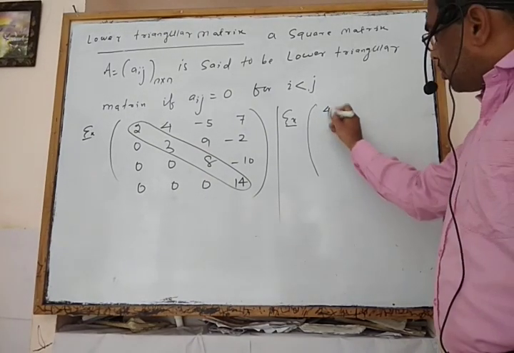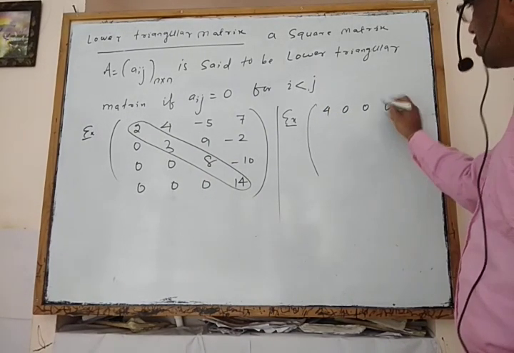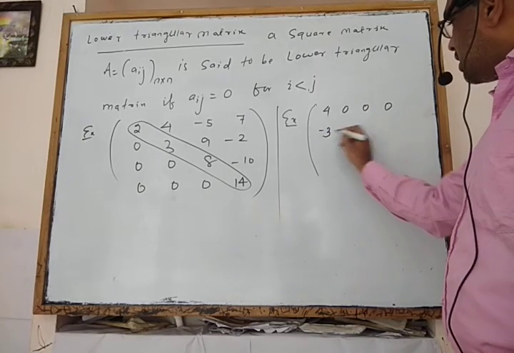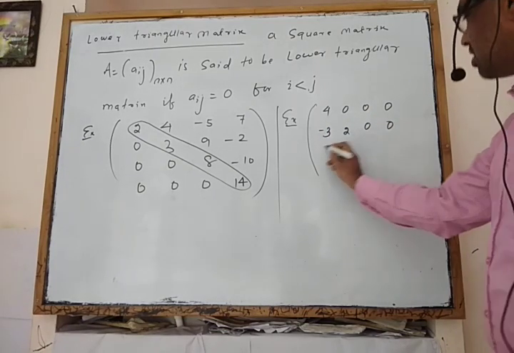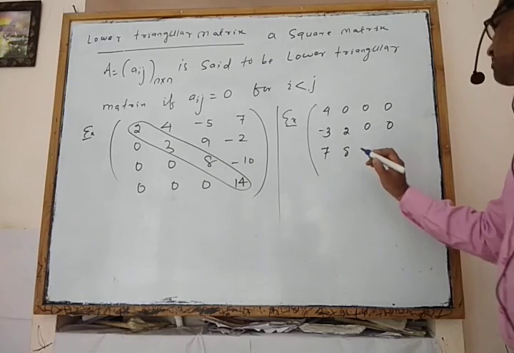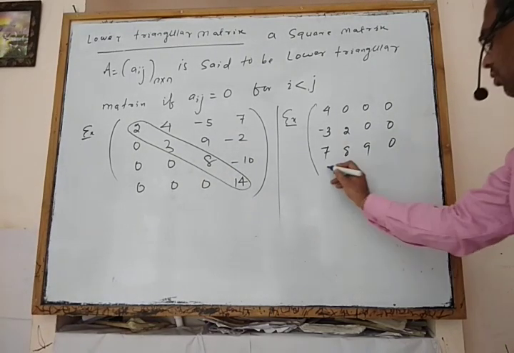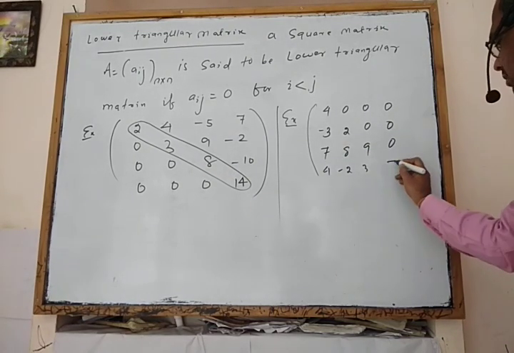Like 4 0 0 0, then -3 2 0 0, then 7 8 9 0, then 4 -2 3 7.